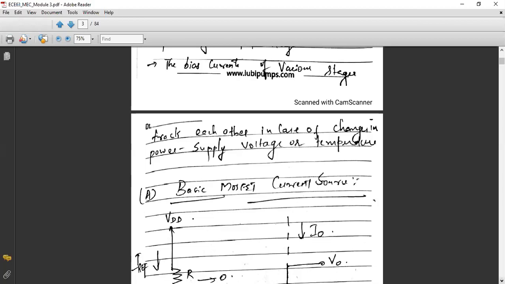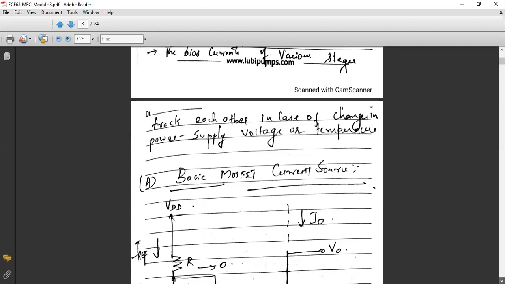So it is not going to affect our biasing or the load. The load will work properly with the designed circuit, even if there are sudden variations in power supply or external temperature changes. These are the two distinct advantages of using the biasing circuits of ICs.